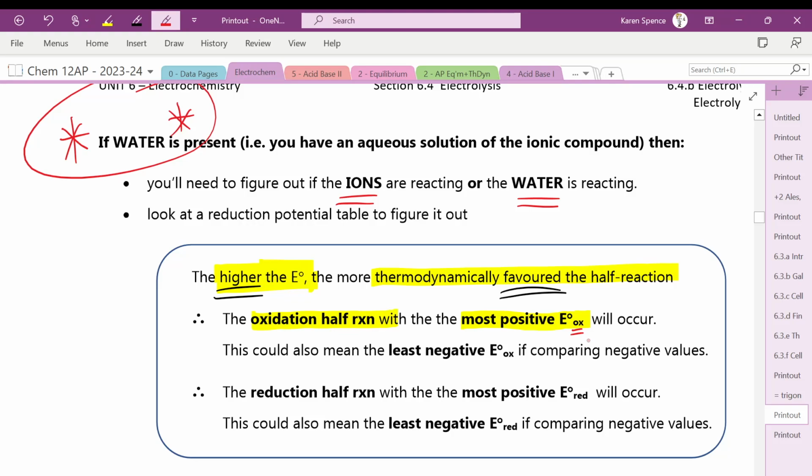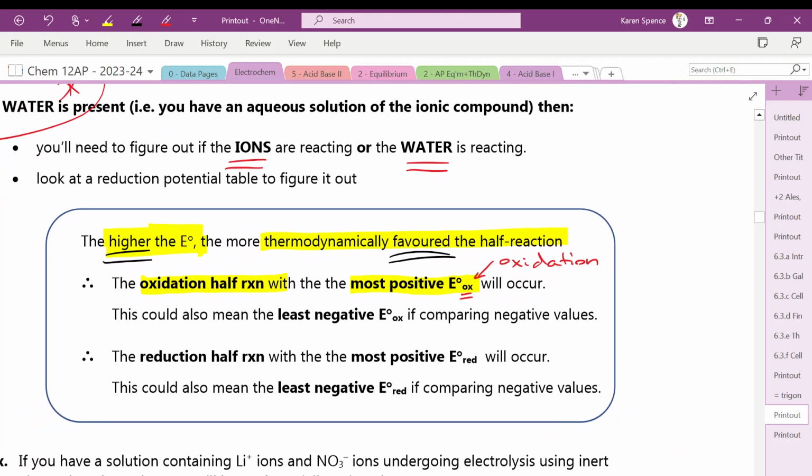We're looking for the most positive oxidation potential. Now, does your table give you oxidation potentials? No, it gives you reduction potentials. So if you wanted to, you could also say it's the reaction with the lowest E naught red.